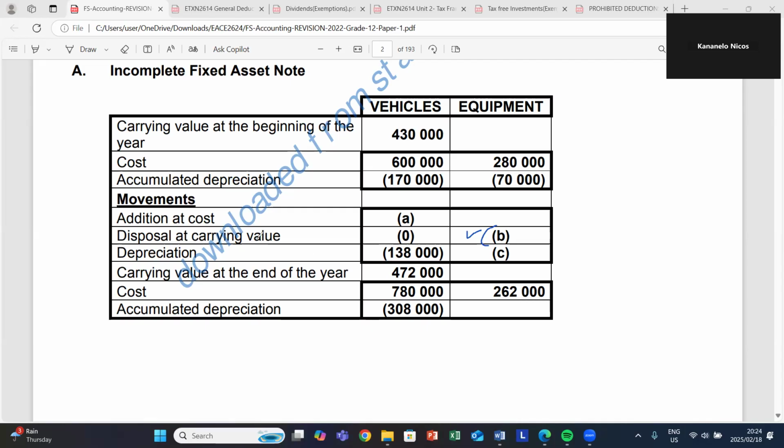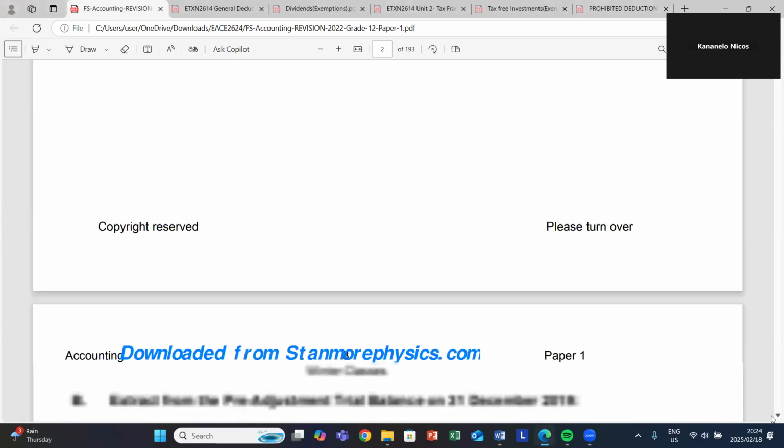Then remember, for you to get a carrying value, you say cost price minus the aggregate depreciation, meaning minus the accumulated depreciation. And then that's how you're going to get your disposal carrying value. So for us to calculate this one, we'll have to go to adjustments.